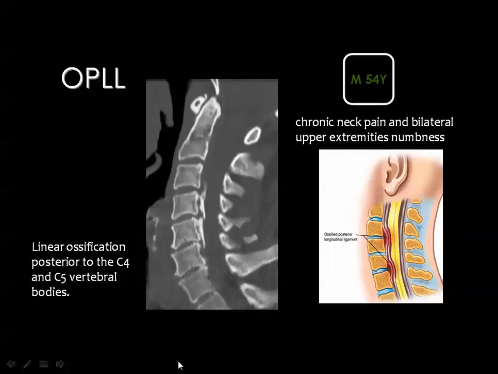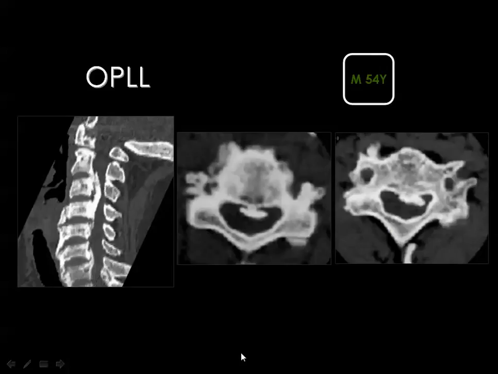One very important observation is that this ligament is almost away from the back of the vertebra, except at a certain point where it is attached to the vertebral body. If you look carefully here, this is ossification of the posterior longitudinal ligament, and it will appear like this in the axial image. This is quite different from the osteophyte.